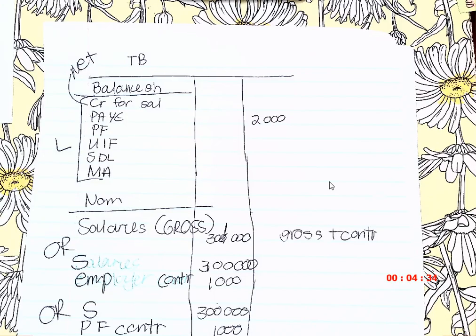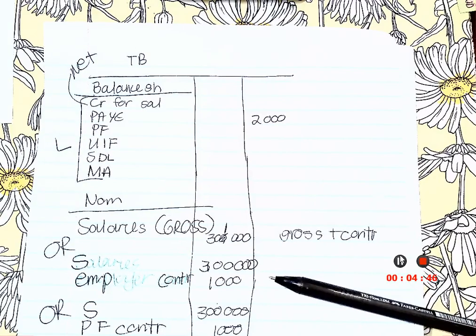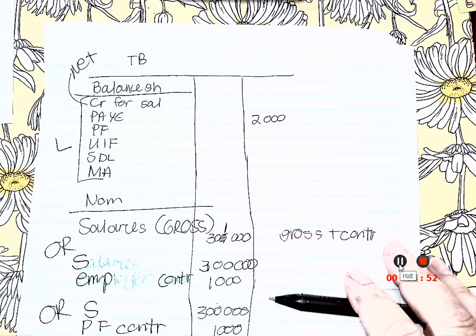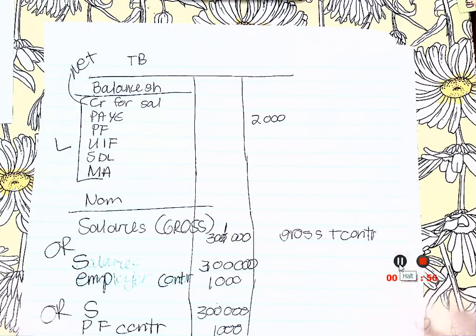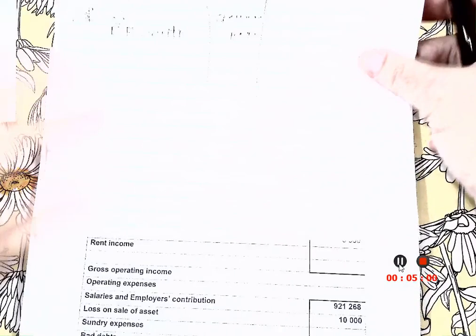Okay, so what I need you to understand, information that I get here, you must be able to read it. So, if I look at this nominal and there's figures in there, what I need you to understand is if it's here, it means it's been posted. Okay, and how does the posting work? So the posting works like this.